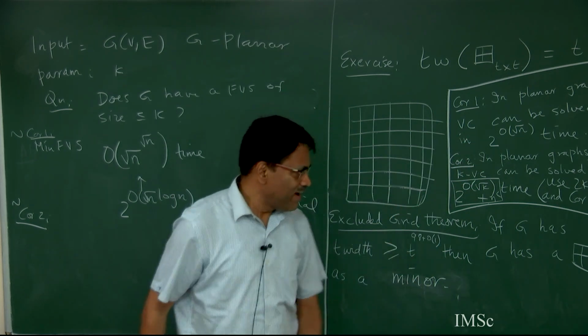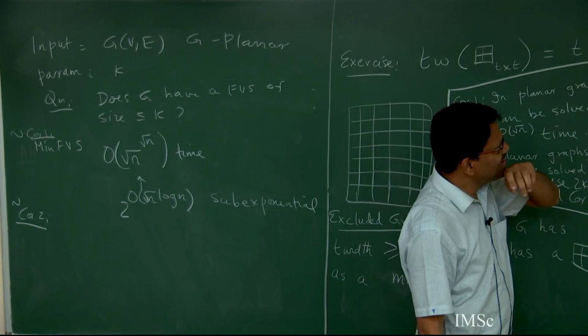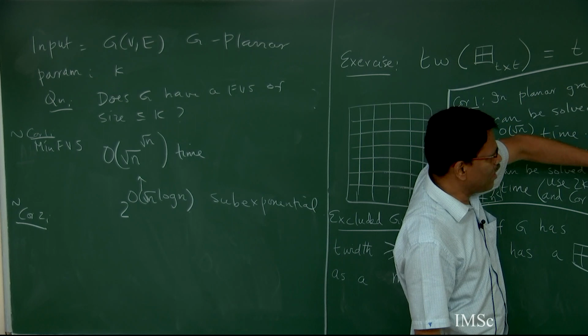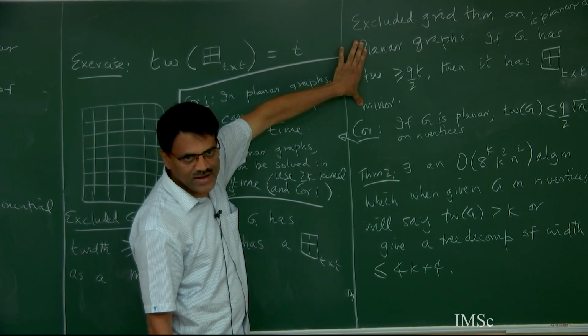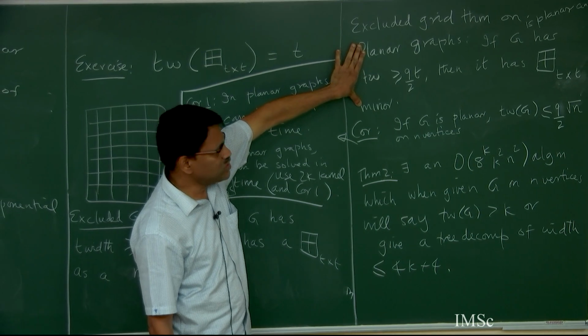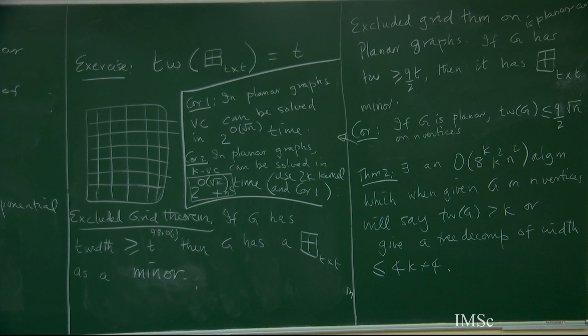By using this directly, I won't use the corollary. I'm going to use this and get a sub-exponential algorithm for feedback vertex set. So what is this saying? This is what I mean by the proofs of these theorems being very involved, but there are very interesting ways you can use them.